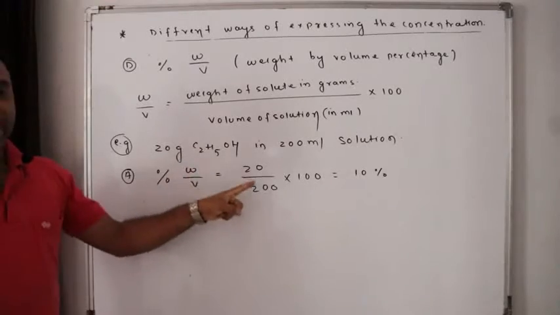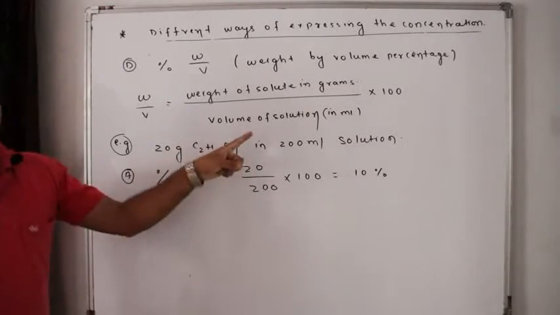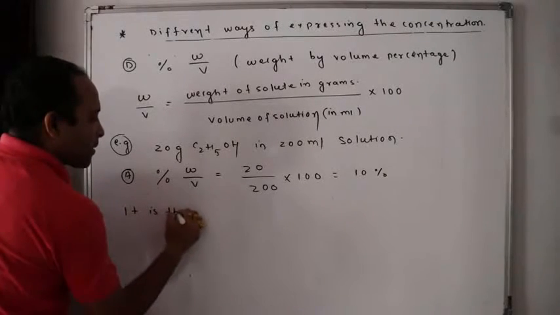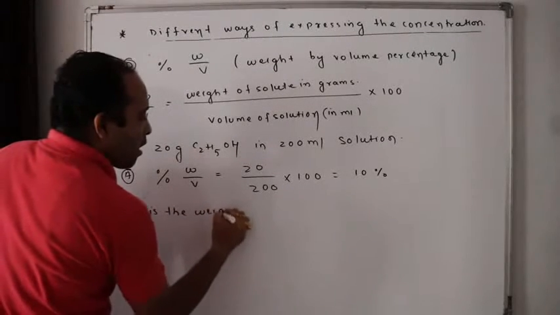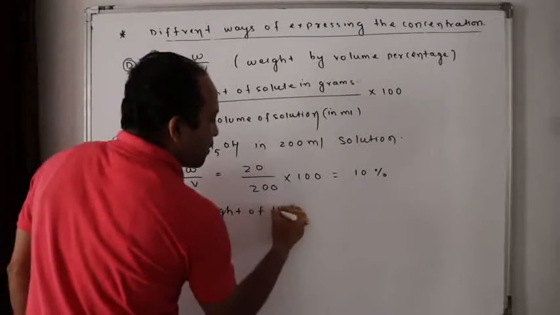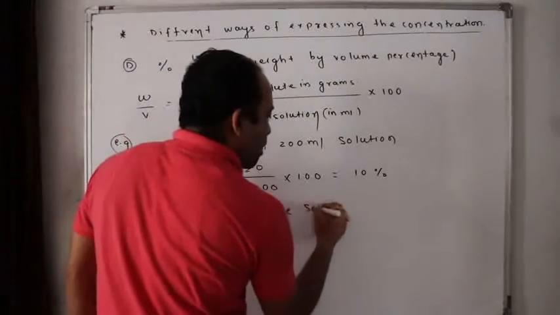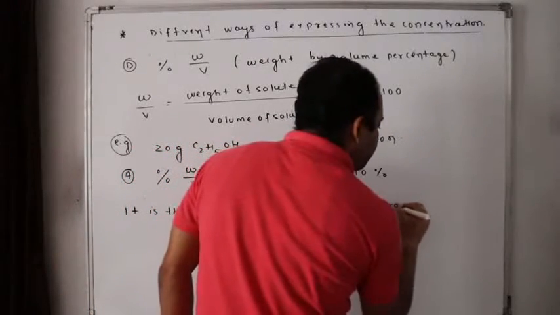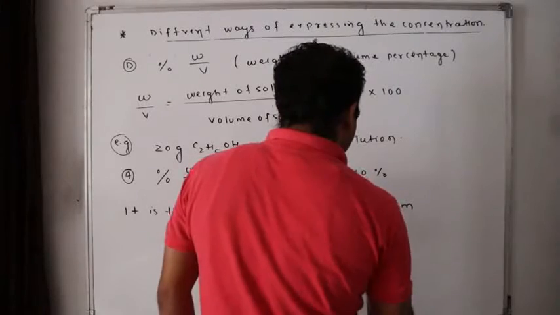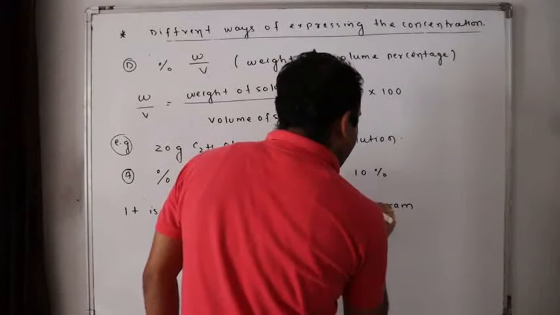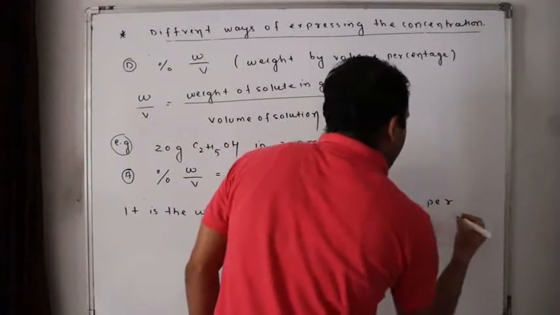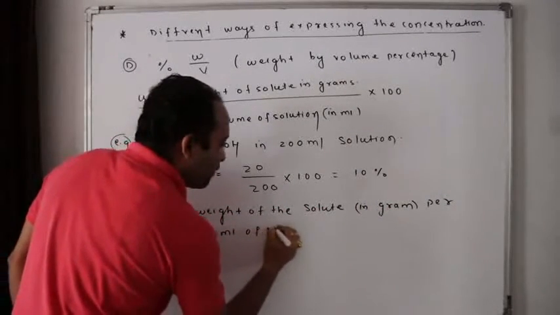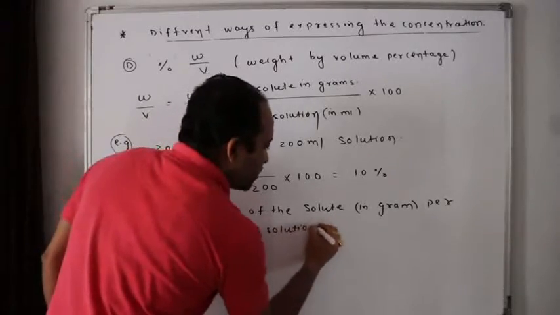It is the weight of the solute in grams per 100 ml of solution. I can say that it is the weight of solute in gram per 100 ml of solution.